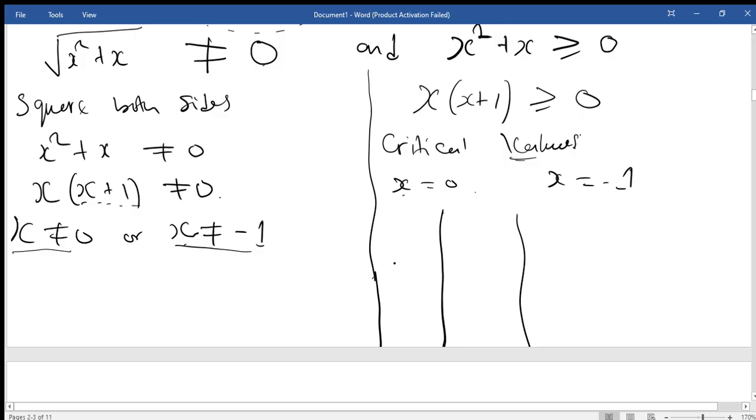I'll have x as my first factor, the other factor is x plus 1, and the last thing I'm going to have will be the product, x times x plus 1, so that when I do the testing we can see what is happening from there. So if this is the case, we have -1, 0, and so forth.